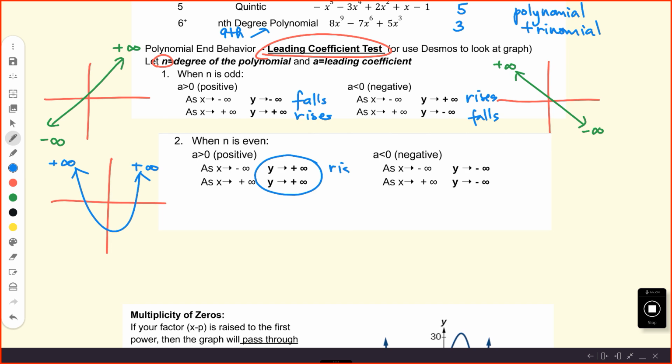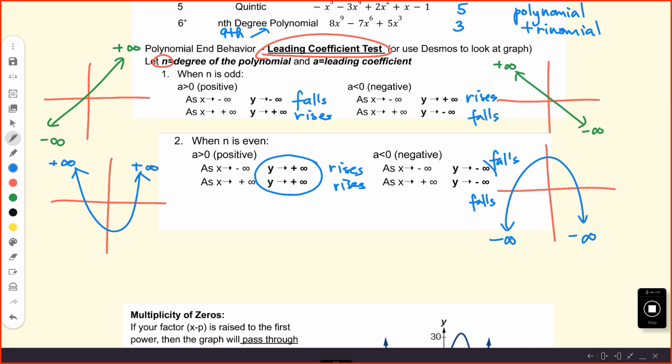So it rises and rises. And then if you have an even degree and the leading coefficient is negative, think of this as both ends going down. It falls, so this one goes to negative infinity, and this one goes to negative infinity. So it falls on both sides.